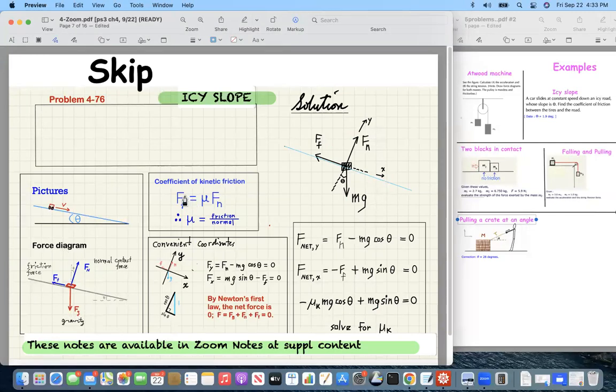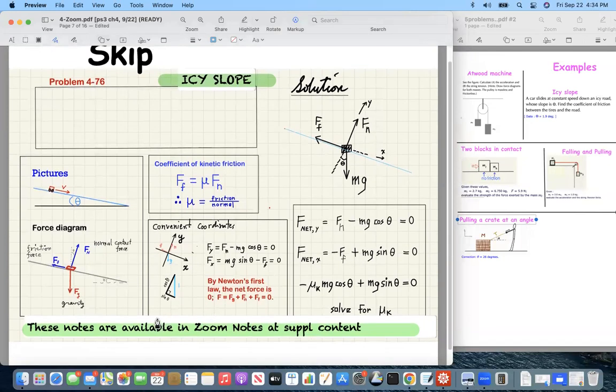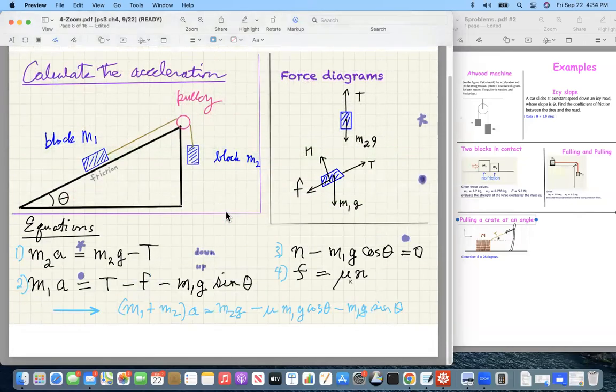You have to know that the coefficient of kinetic friction is some value mu. You have to write down Newton's second law. There are actually three different forces to combine. And then you have to apply algebra to solve for the unknown. So again, these notes are available in the supplemental content, but I'm going to skip it today.